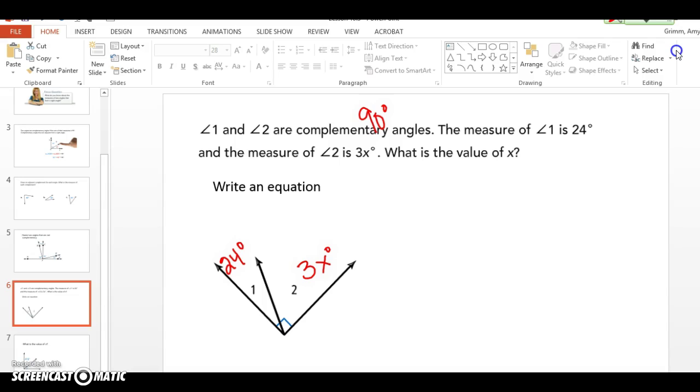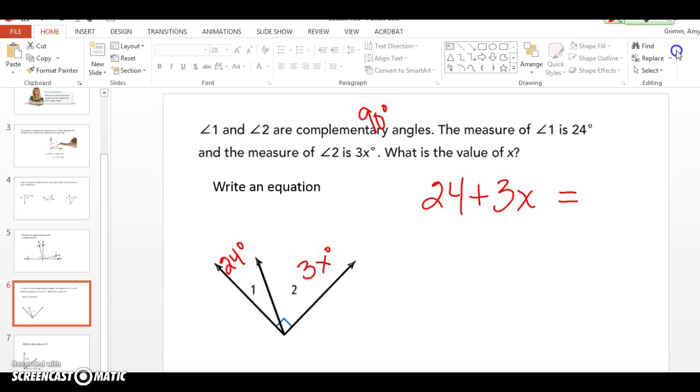Write an equation. How would we write an equation for this? 24 plus 3x equals 27?